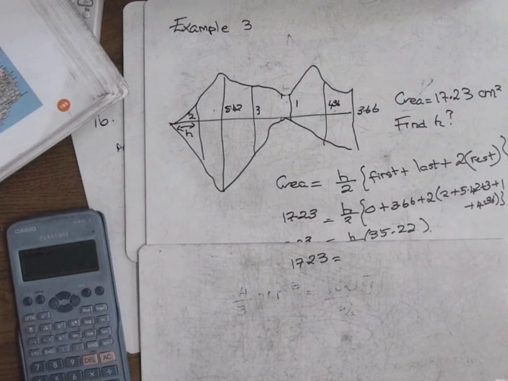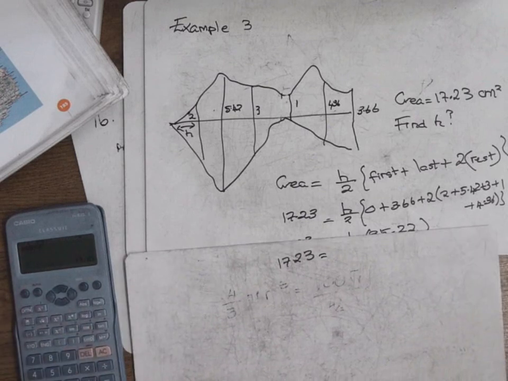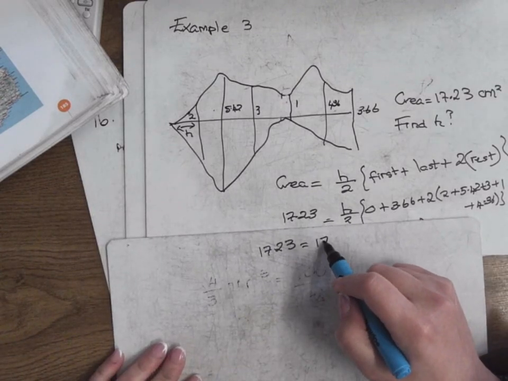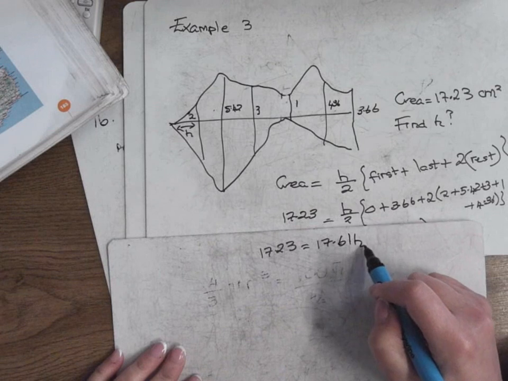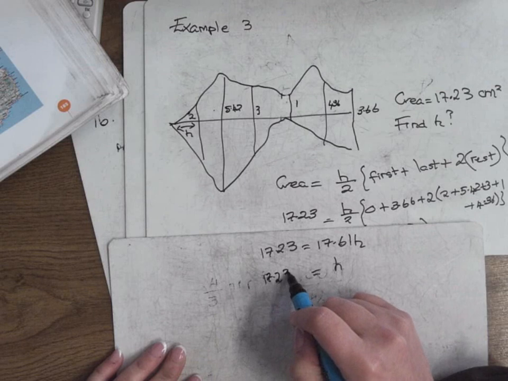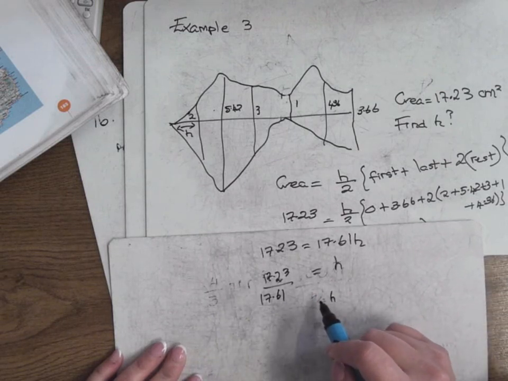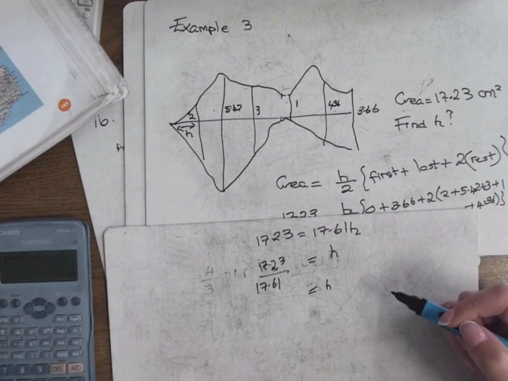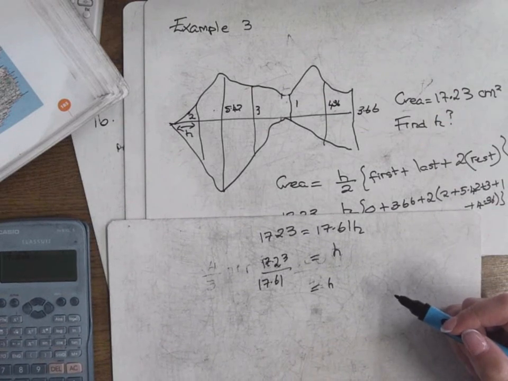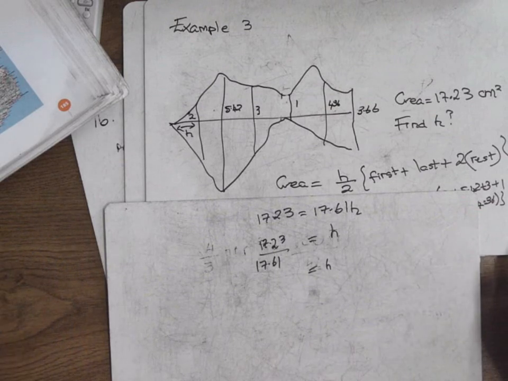Okay, so divided by 2 equals, so that would be 17.61. 17.61 H. So then H is divide 17.23 divided by 17.61. So that would be 0.978.